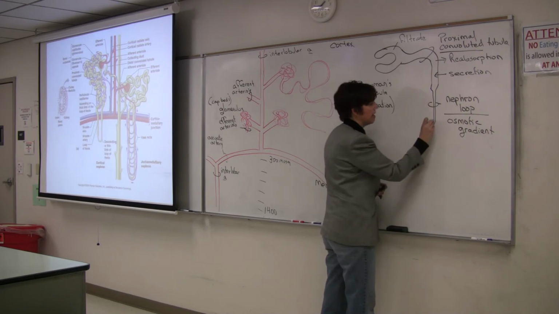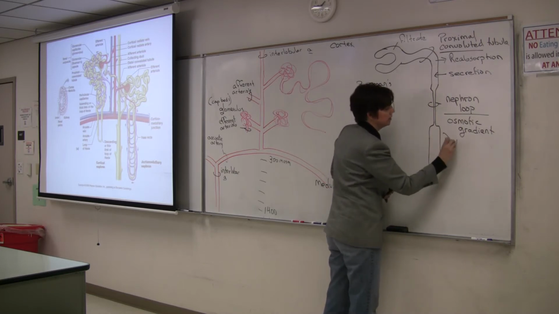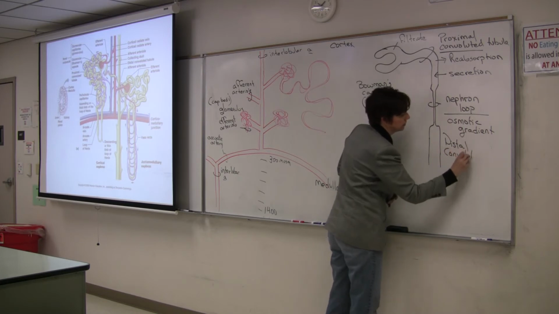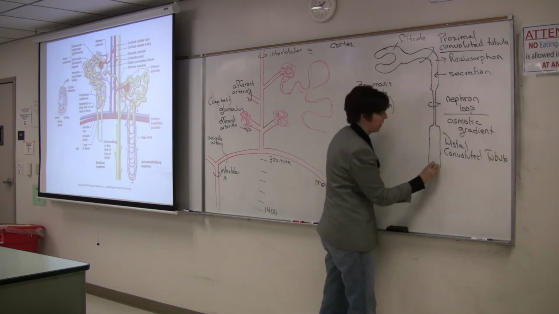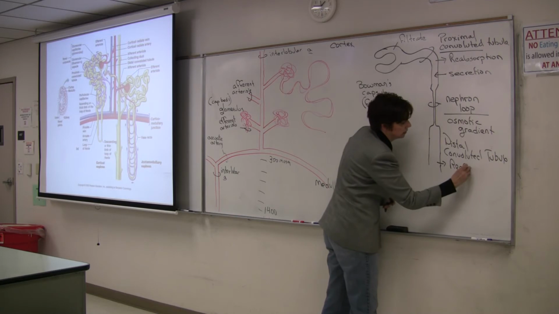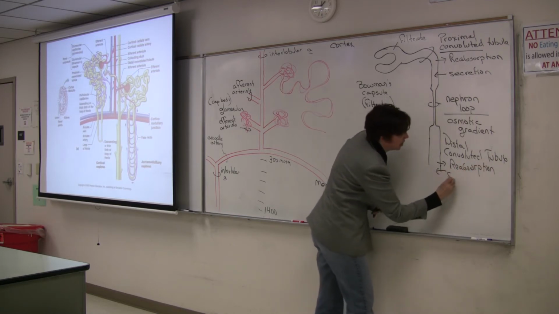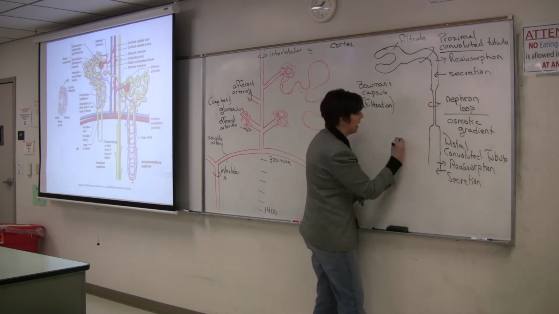Then, at the end of the nephron is another segment known as the distal convoluted tubule. And this is where we do reabsorption again, and secretion again, but regulated.